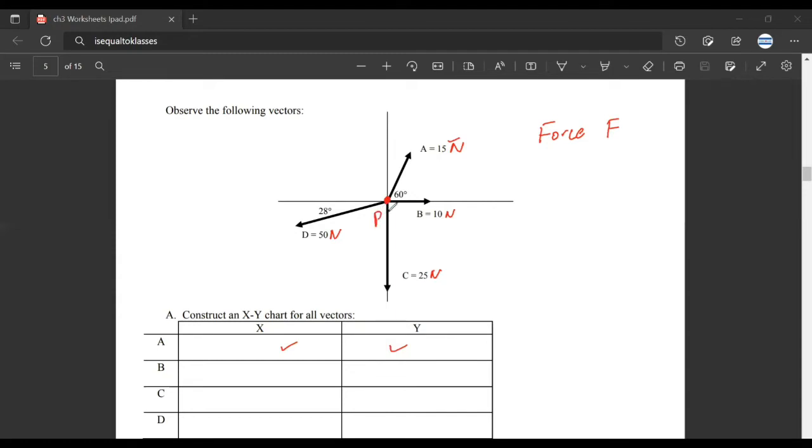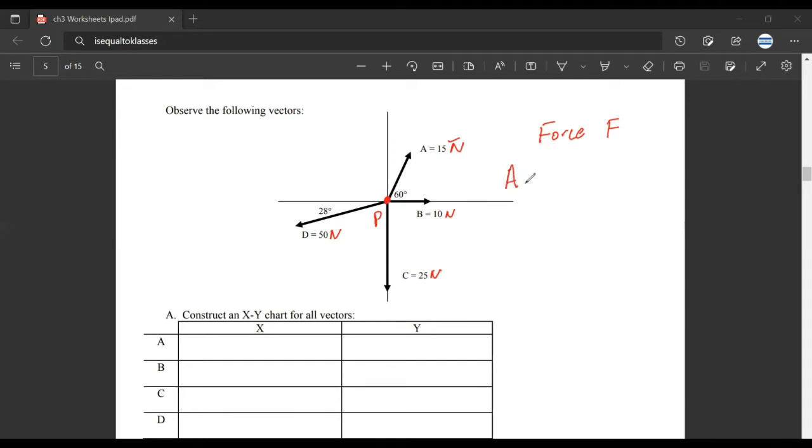Yes, sir. Let us assume that we have four forces A, B, C, D which are acting on a particle which is at the origin. Now, if I want to see the net effect of these four forces on this particle P, then to make things easier, I resolve the vectors in their x and y components.